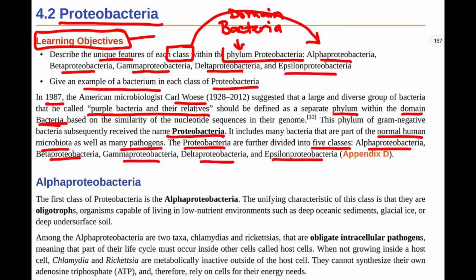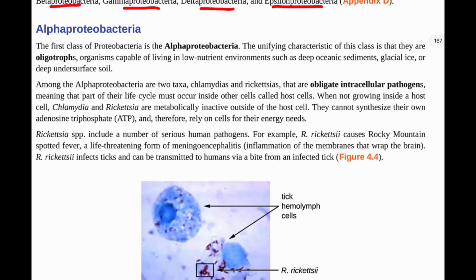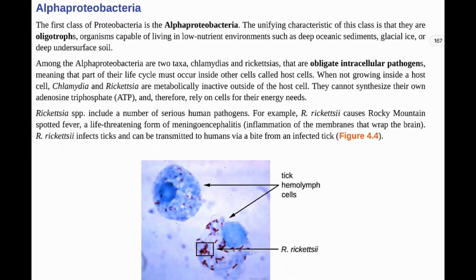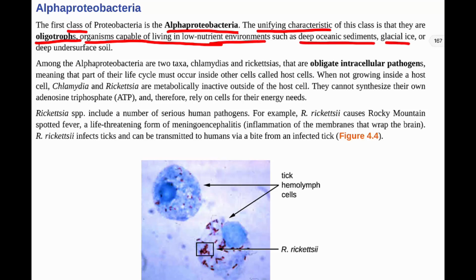All right, let's take a closer look at the AlphaProteobacteria. The first class of Proteobacteria is the AlphaProteobacteria. The unifying characteristic of this class is that they're oligotrophs, organisms capable of living in low nutrient environments, such as deep oceanic sediments, glacial ice, or deep underground soil.